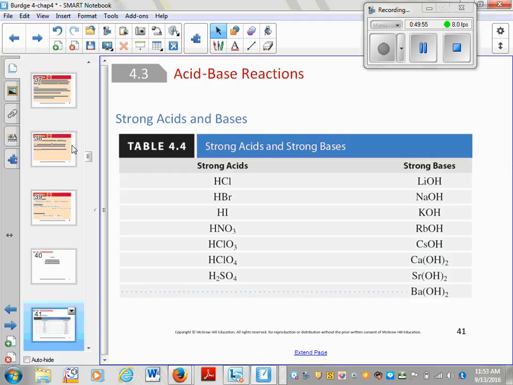Sodium hydroxide is Drano, Red Devil Lye. If you've ever used Drano and gotten it on your hands, it feels real slippery. That's because it's reacting with the fats and oils in your hands and making soap. That's how you make lye soap, sodium hydroxide and lard.